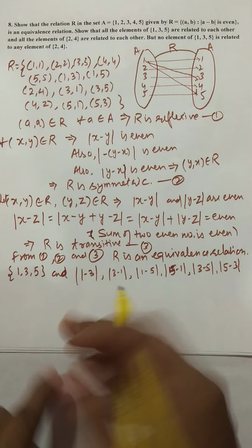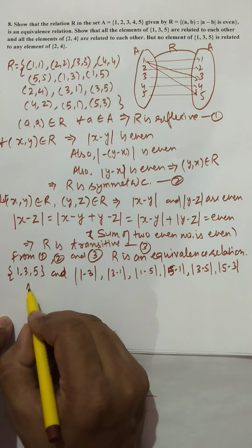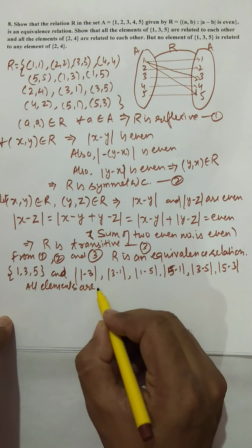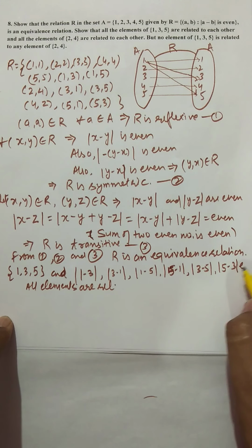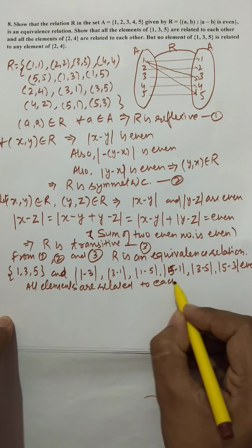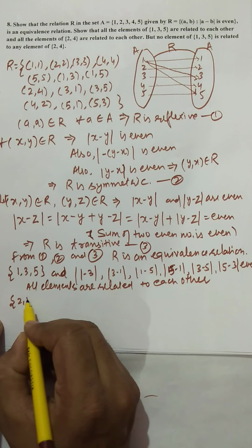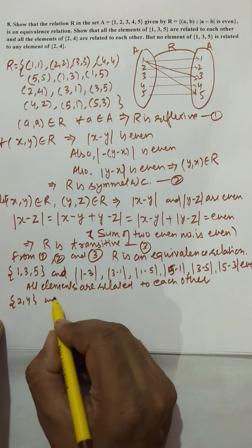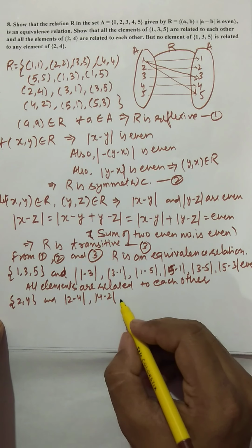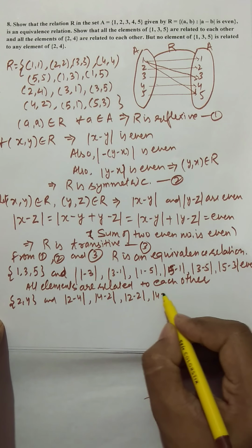Now you can say that 1, 3, 5 all elements are related to each other. Now second one is 2, 4. You can see 2, 4, that 2 minus 4, 4 minus 2, and you can see 2 minus 2 also, and 4 minus 4 also.